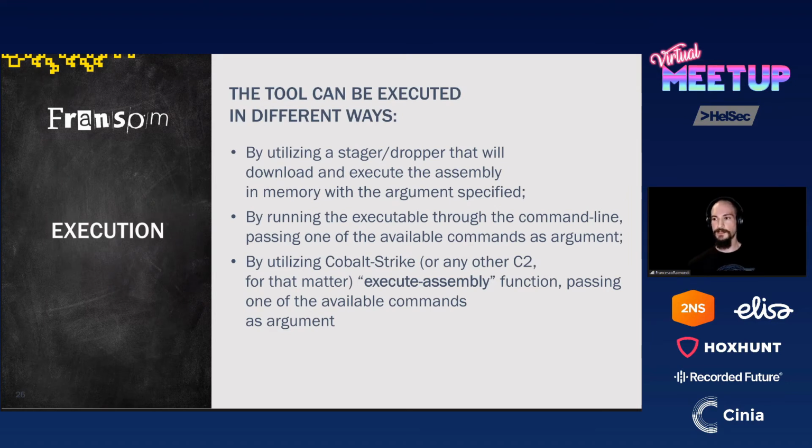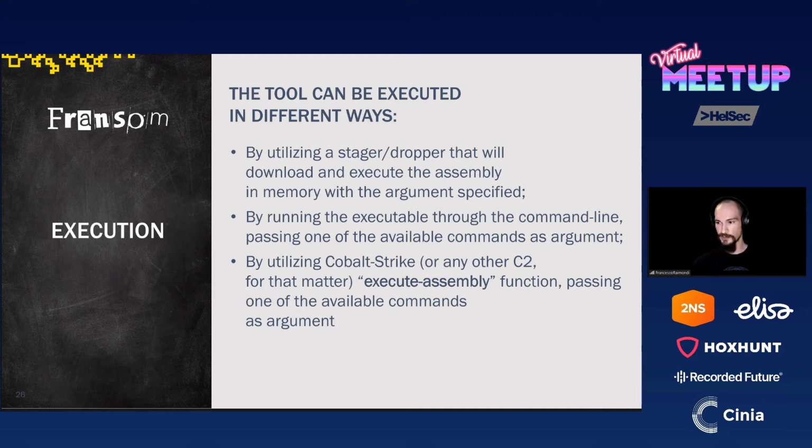We developed Fransom in such a way that it is possible to execute it in several different ways. So the first one is the one I just mentioned: the execution through a stager or dropper that basically fetches it from a remote location, decrypts it, executes it in memory, and it also executes, of course, the function that we pass and that we want Fransom to execute.